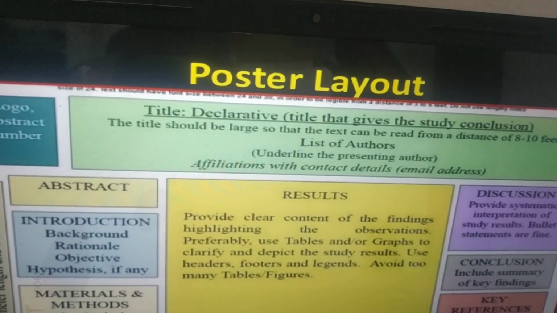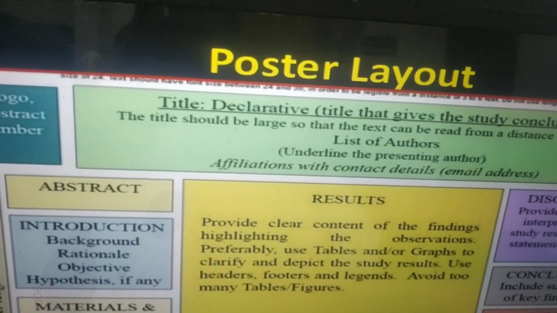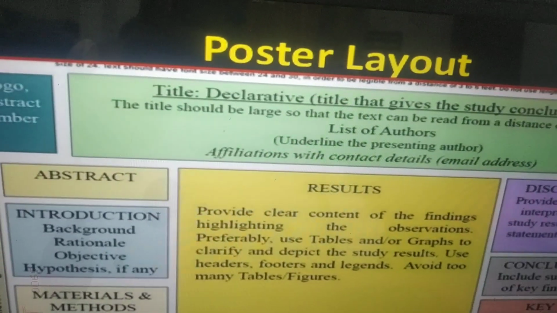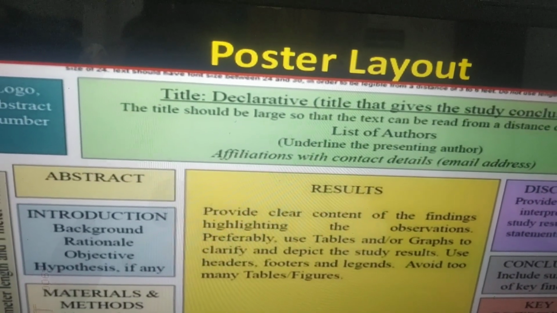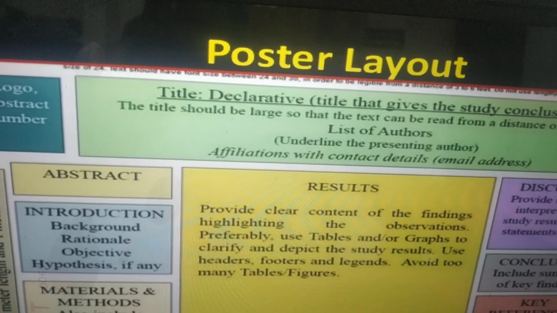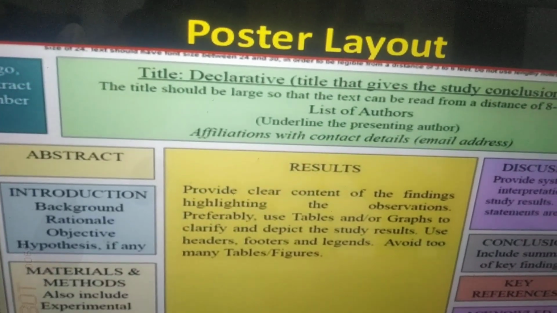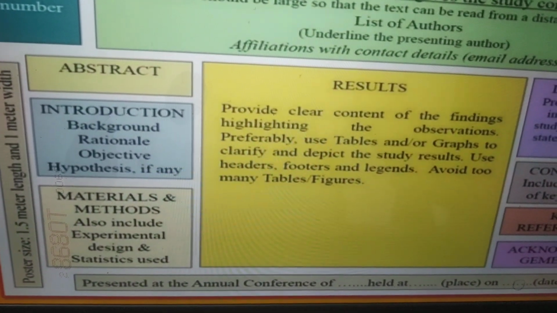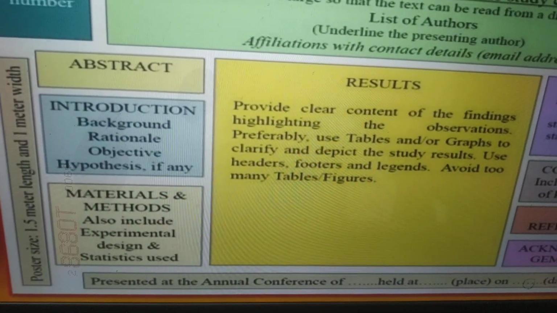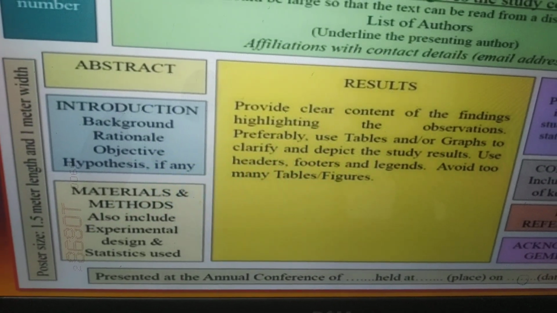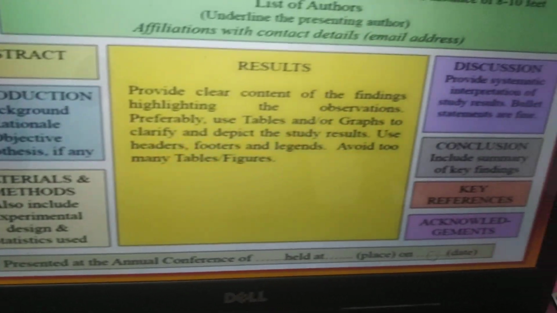Then the abstract, that is very important. It is the summary of your work. Then the introduction, in that you have to give background, rationale, objective, hypothesis if any. Then below that you have to give a little bit of methodology, also include experimental design and the statistics used.